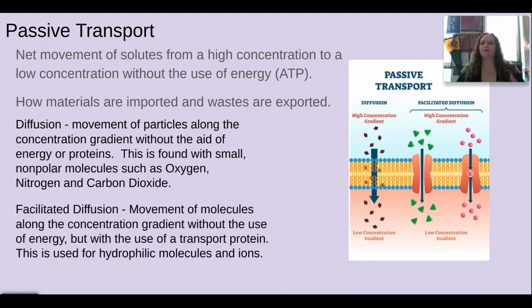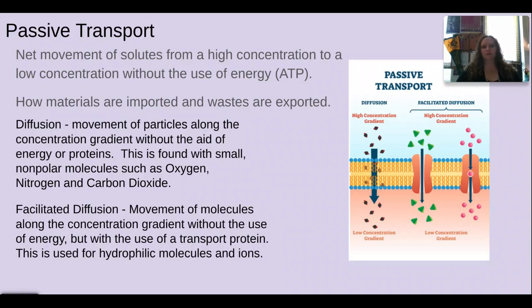No ATP required. It just happens. Whether it's moving through the membrane itself or whether it's going through some type of channel, regardless, it doesn't require energy and we move with the concentration gradient that we created. This is primarily how materials are going to be imported and waste are going to be exported.